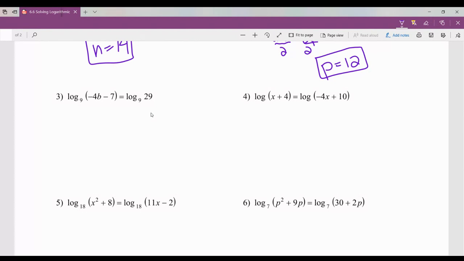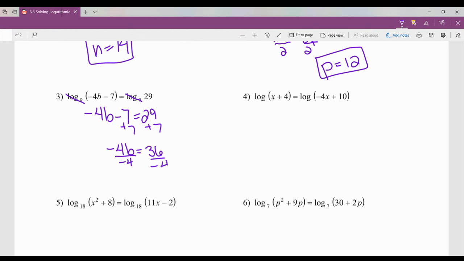All right, next one, we've got log base 9 of negative 4b minus 7 equals log base 9 of 29. So we've got 1 log on this side and 1 log on that side. We can cancel those logs out, and we get negative 4b minus 7 equals 29. And then I'm going to add 7 to solve for b. So I get negative 4b equals 36, and I'm going to divide by negative 4.